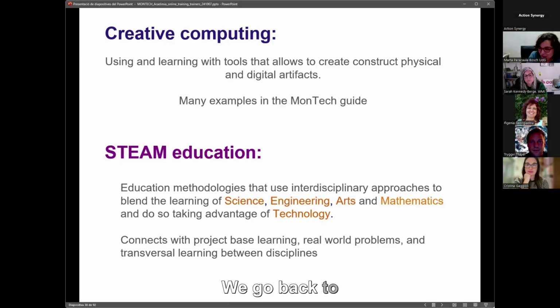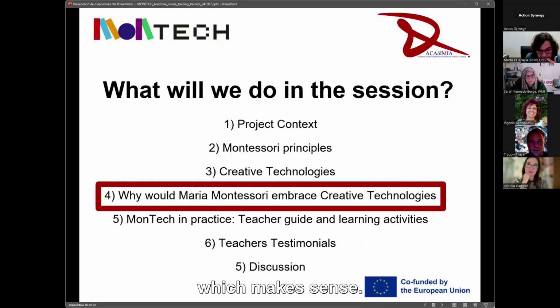So we go back to all these concepts we've been talking about a lot. Real-world problems are also a very Montessorian thing. And learning that is transversal, that makes sense, that connects with reality, because when you solve a problem, it's not contained in one area of life. It has all these things. So it's transversal learning between disciplines, which makes sense.